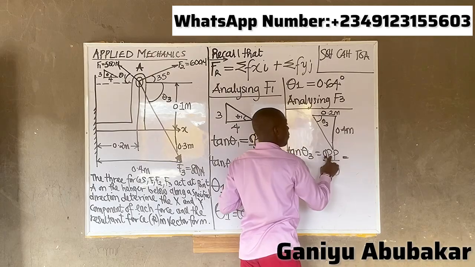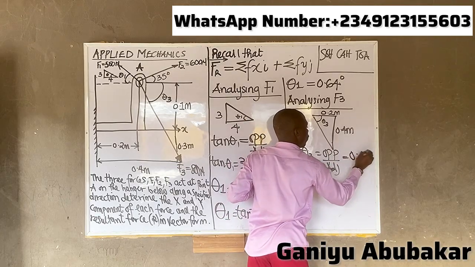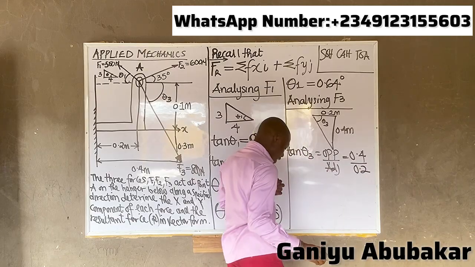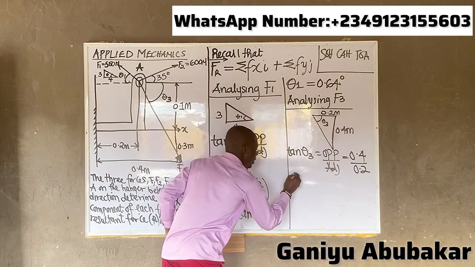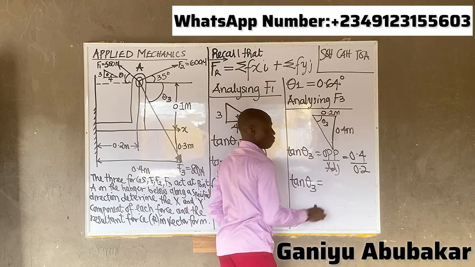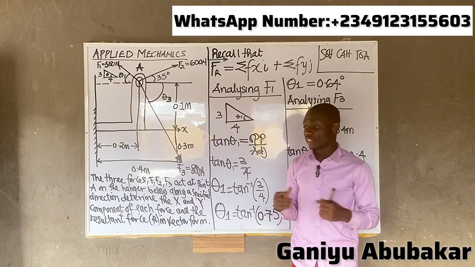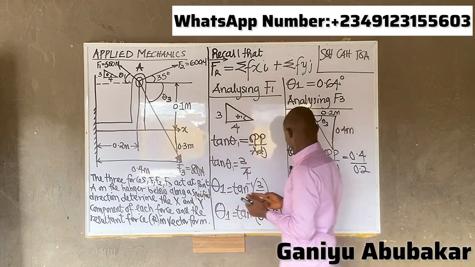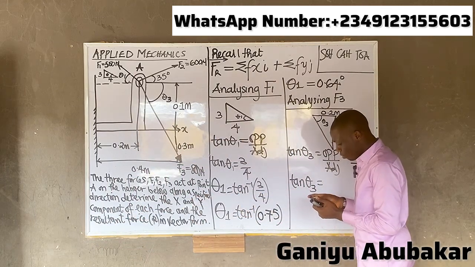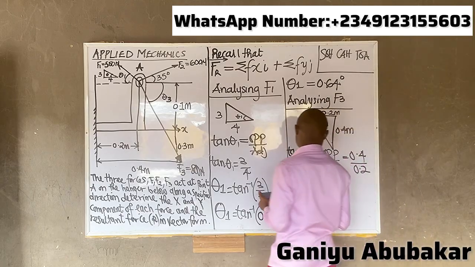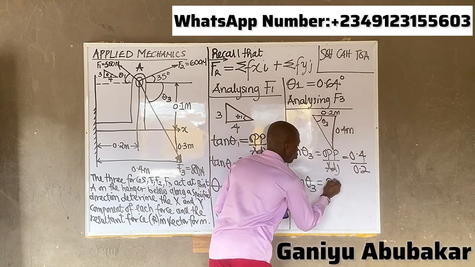Opposite is of course 0.4 over adjacent is of course 0.2. Divide these two, what do you get? 0.4 divided by 0.2 gives about 2.